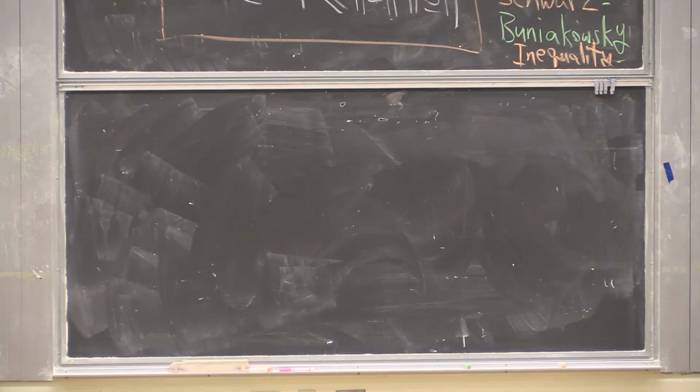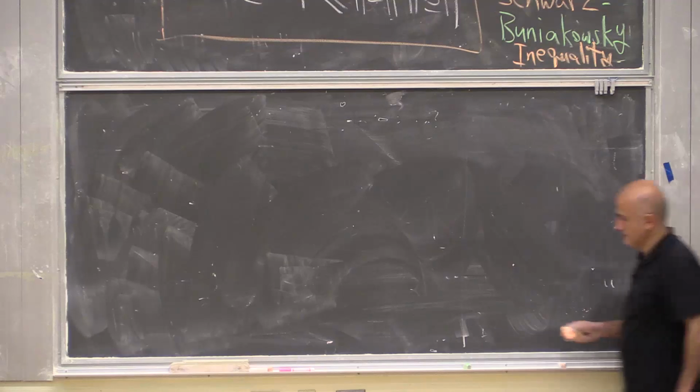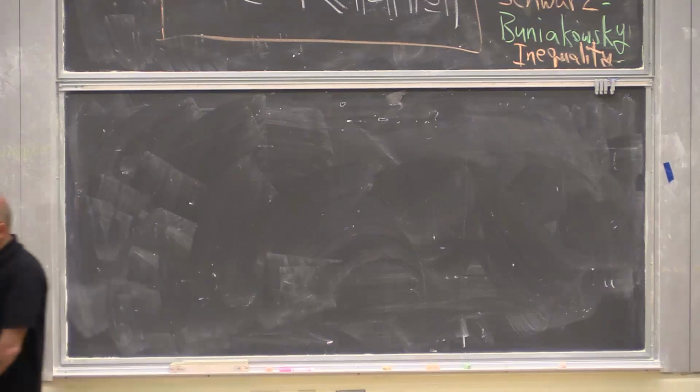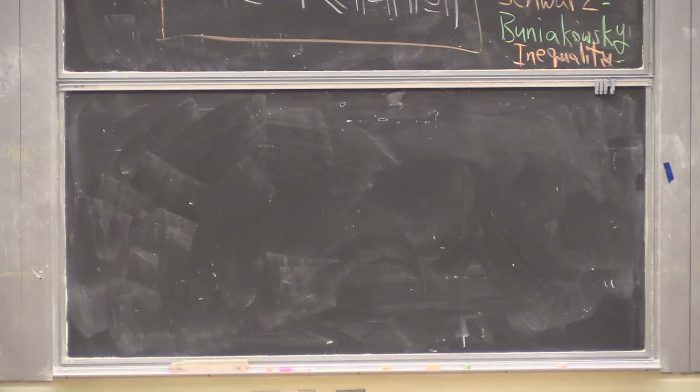When do you have equality? Tell your neighbor. When cosine is what? 1 or? Or what?